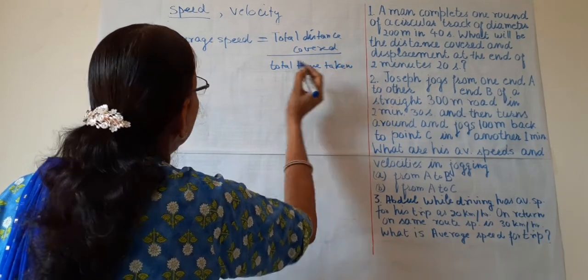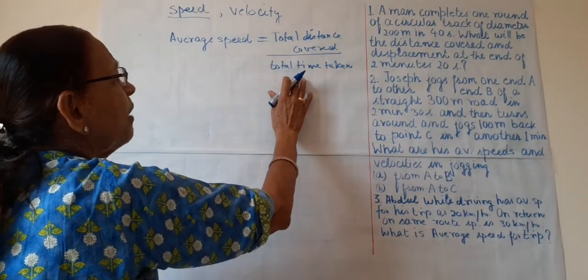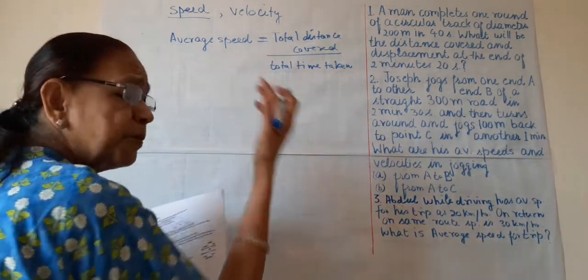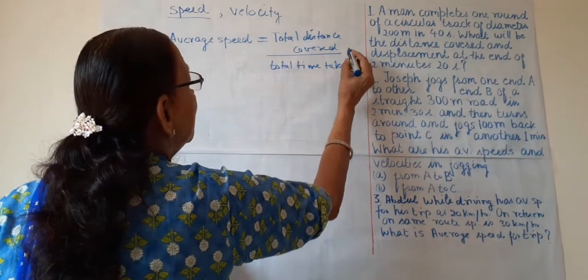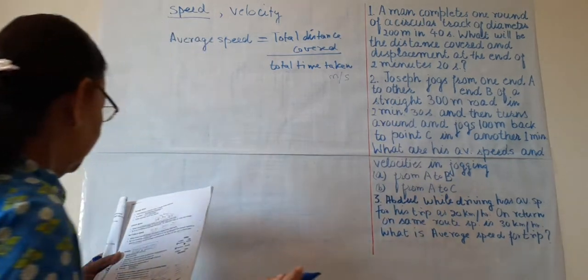So this is the average speed formula, very simple. Total distance traveled upon total time taken. Average speed is also scalar. It is also having the same unit, meter per second.